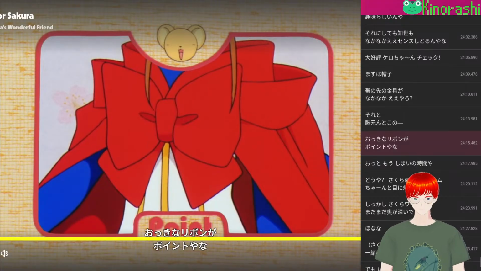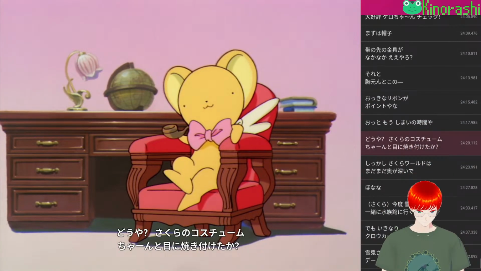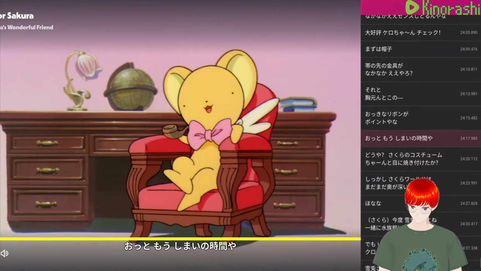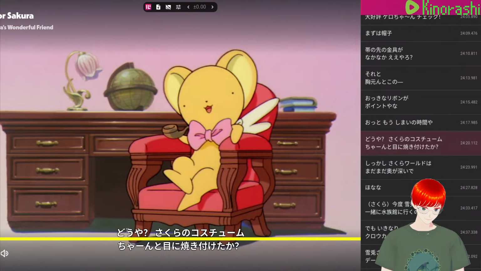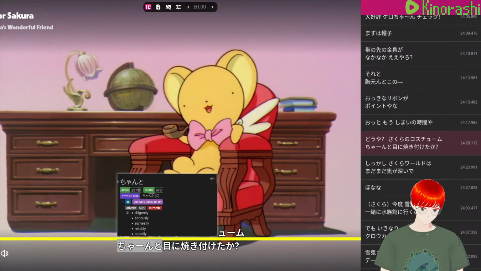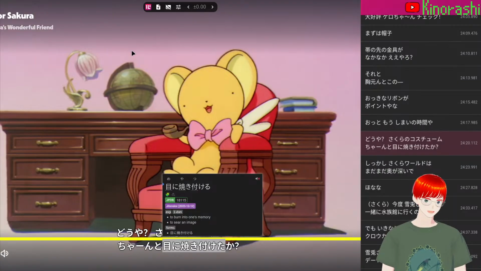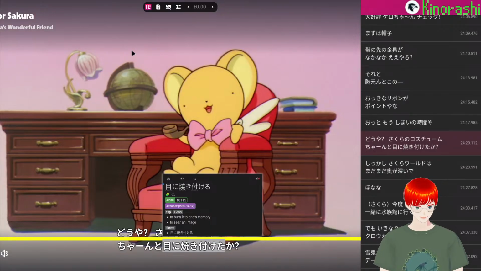"どうや、さくらのコスチュームちゃんと目に焼き付けたか。" How was it? Sakura no costume chanto yaki tsukeru. So this attach, and what is this yaku? To burn, yaku.